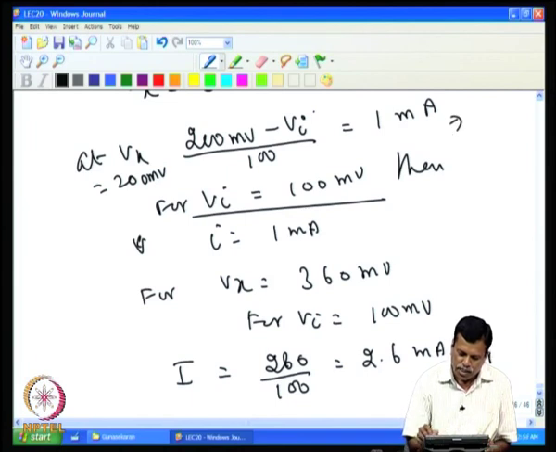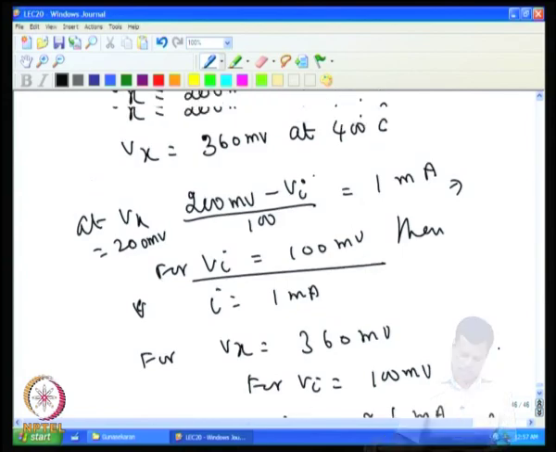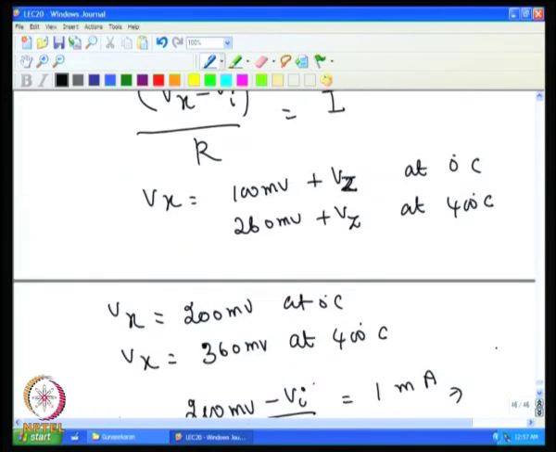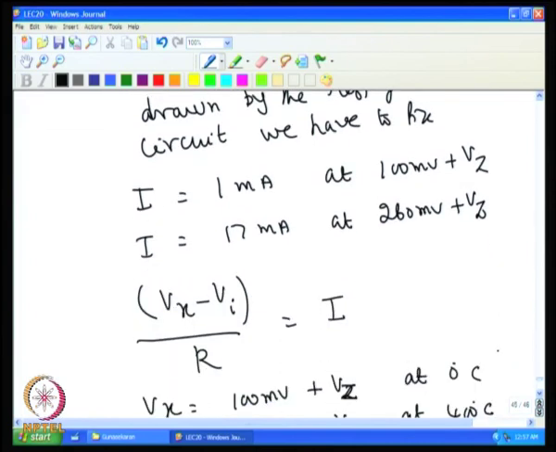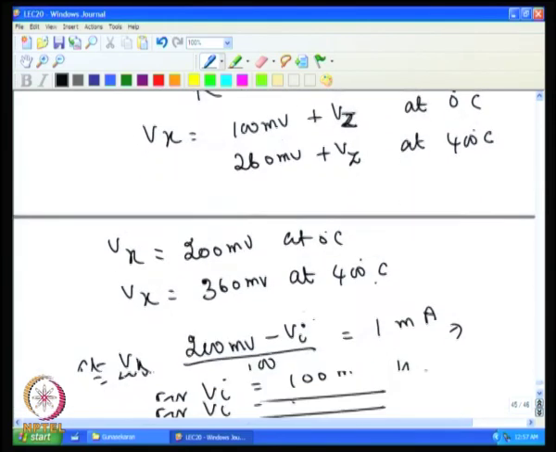One can do this by adjusting Vi and R, because we have the option of adjusting Vi, Vx and R. All three parameters can be adjusted such that at one end I comes as 1 milliampere, and at the other end it comes as 17 milliampere. This exercise I leave to you.